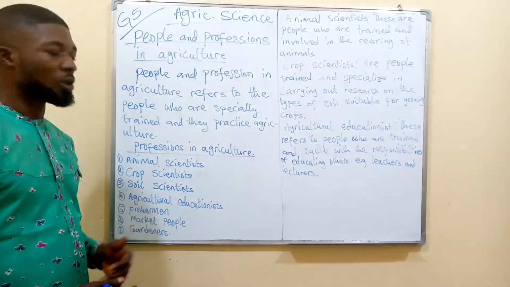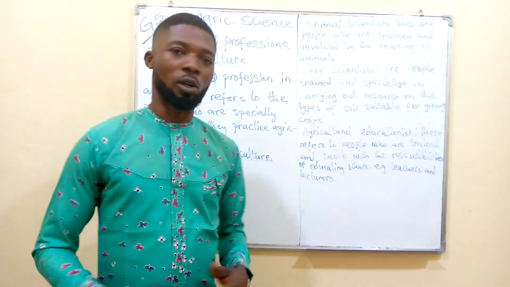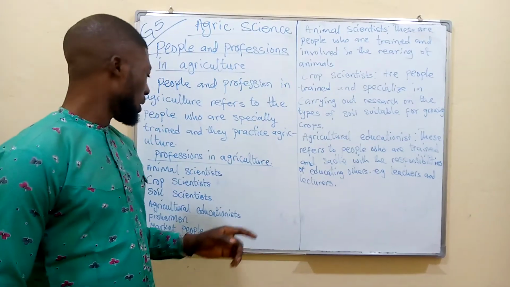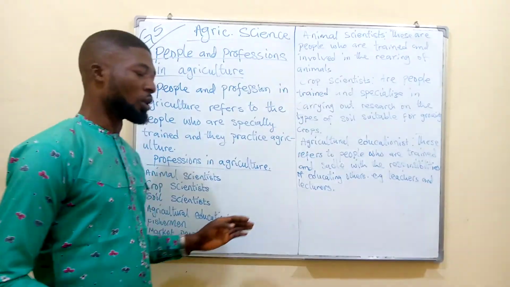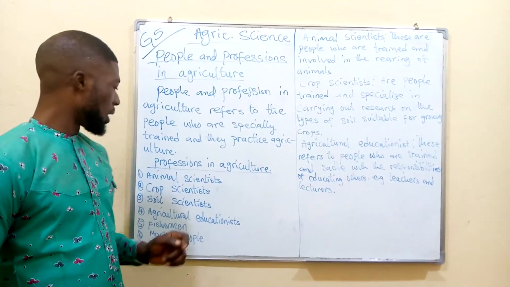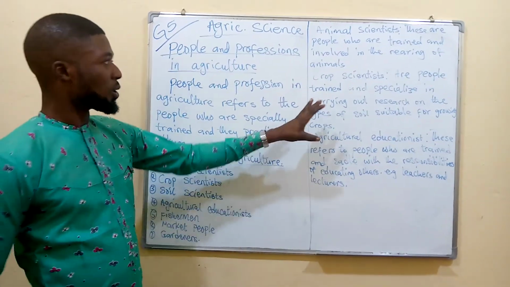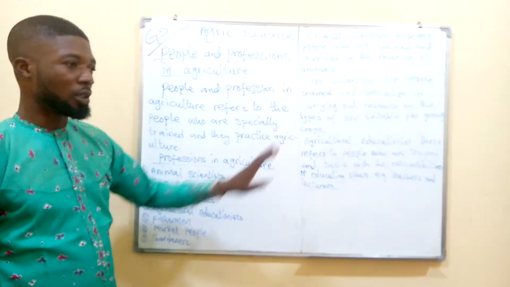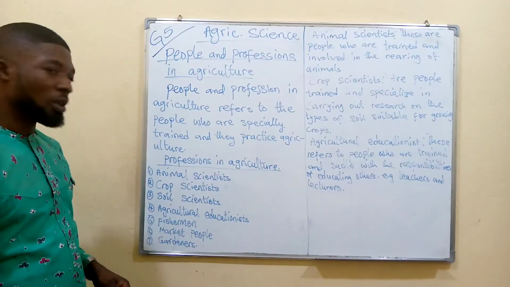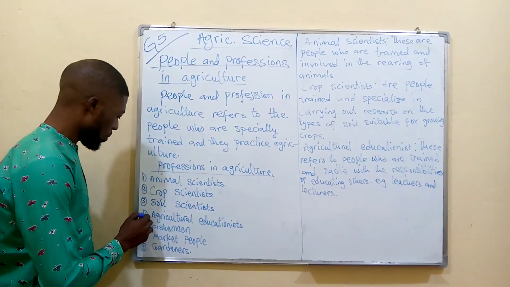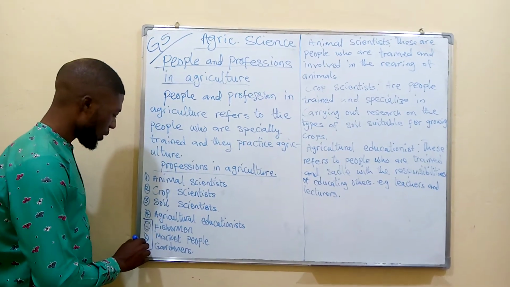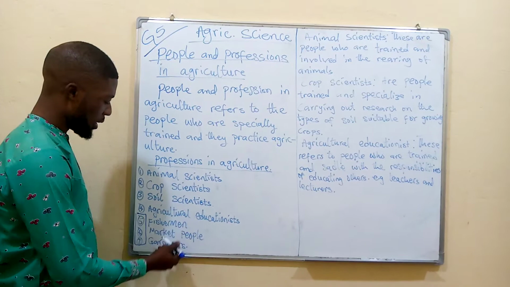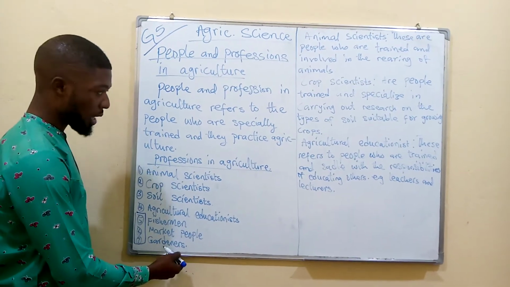With this, we have come to the end of today's class. But before we go, take this simple instruction as an assignment. Mr. Joseph has explained some of these professions in agriculture. You are going to explain number 5 to 7: fishermen, market people, and gardeners.